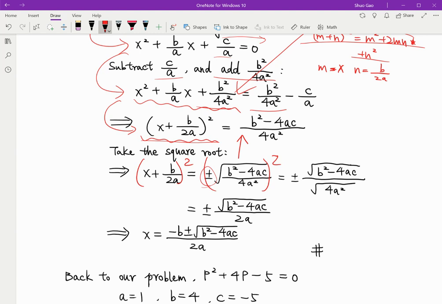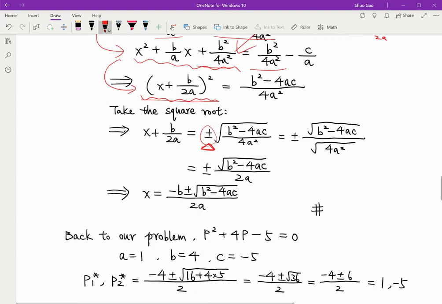But when we take a square root, there's a plus or minus sign because the positive and negative terms, after they are squared, give the same result. So that's why after we take the square root, we have two solutions, one positive and one negative.